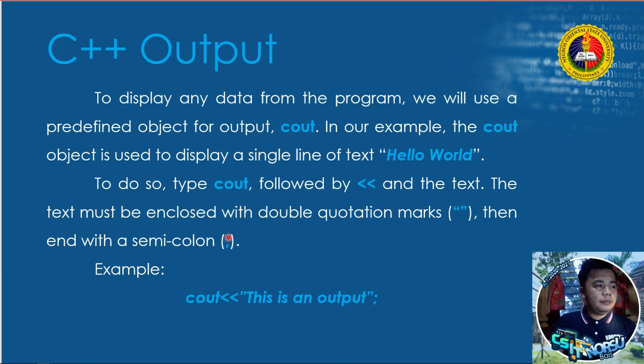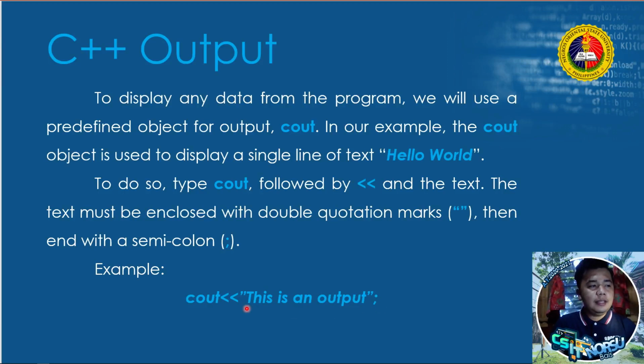First, we're going to type cout, followed by two open angle brackets, and then followed by the text. However, the text must be enclosed with double quotation marks. Here, the text is "This is an output", and it is enclosed with double quotation marks. And then don't forget the terminating character, which is the semicolon.